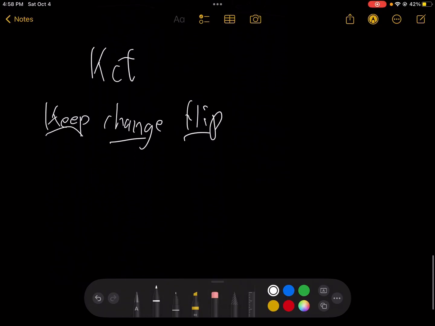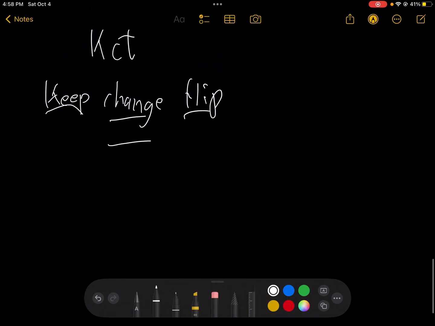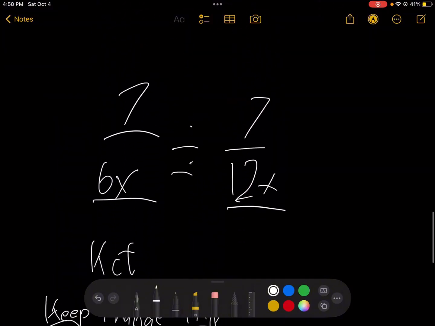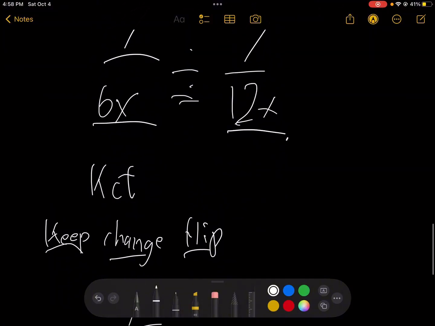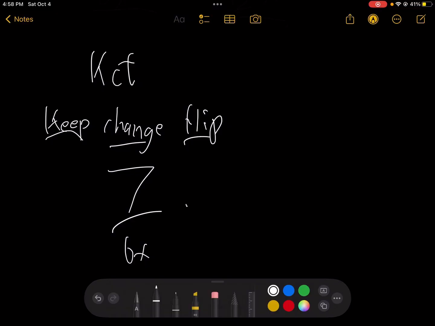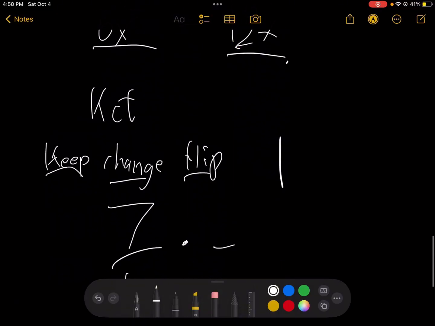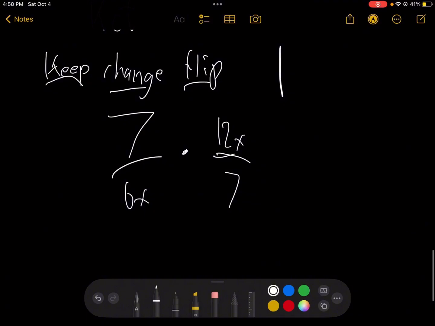Now it would be 7 over 6x. You change this, that would become times, and then you flip. Now let's do what we did last time.